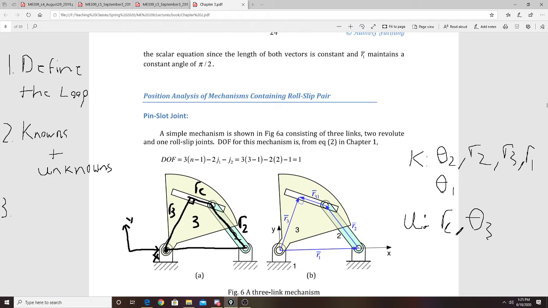One more. So we've taken care of 2. R3 and theta 3. R1 and theta 1. We've taken care of all that. So there's only one more vector left that we haven't talked about even what the last one is. There's one more.